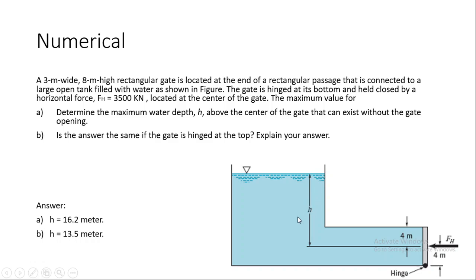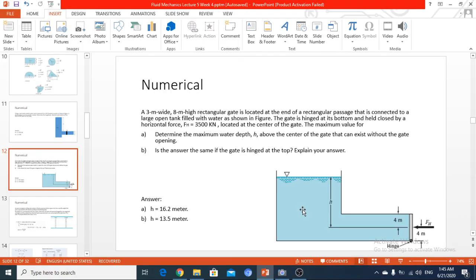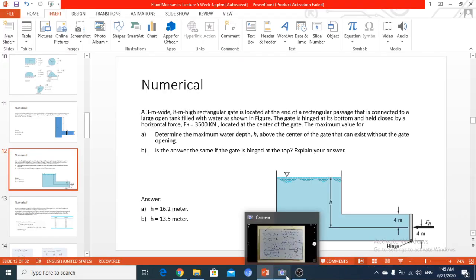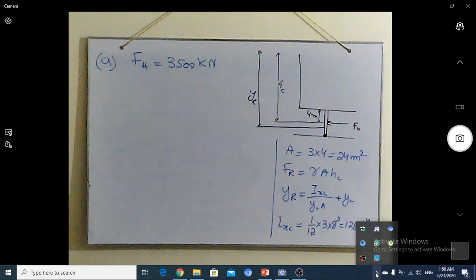And here you can see this H value needs to be determined, and it is just the value of HC, the centroid. So we will solve this numerical using the whiteboard.